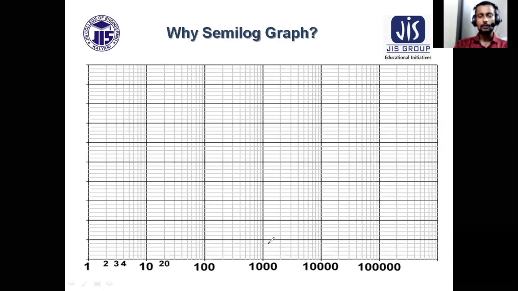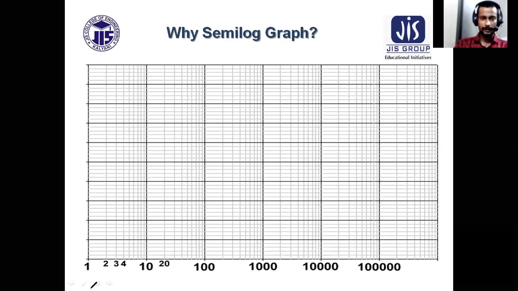Likewise, semi-log graph papers are used in the Bode plot method so that we could accommodate a large amount of frequency within a small span. Okay, so its x-axis part is log scale, y-axis part is in normal scale. That is why it is termed as semi-log.